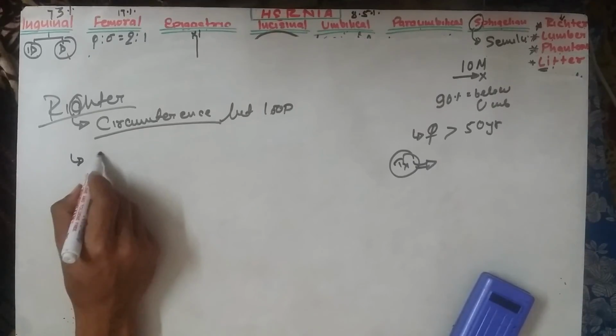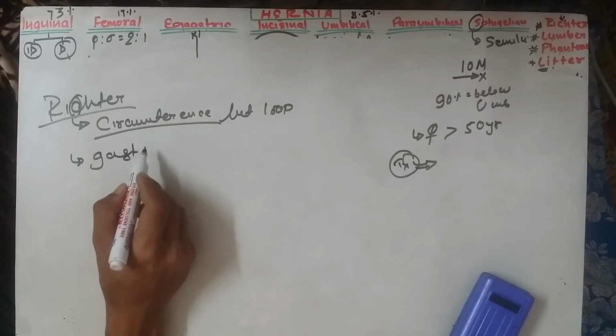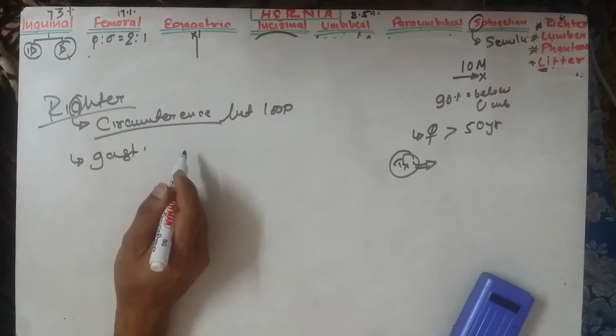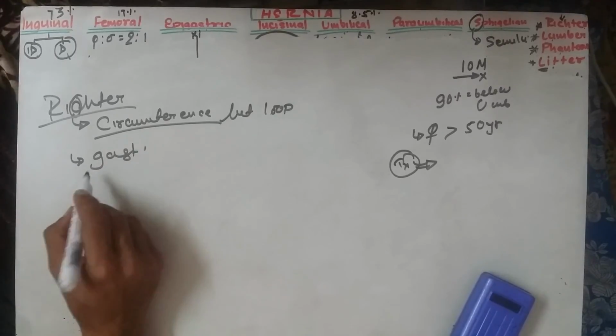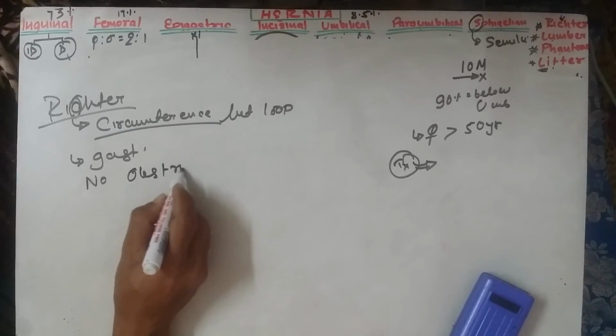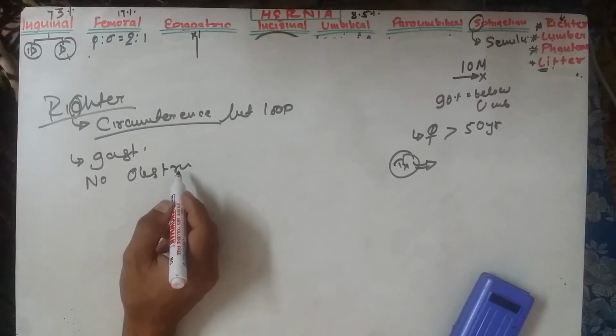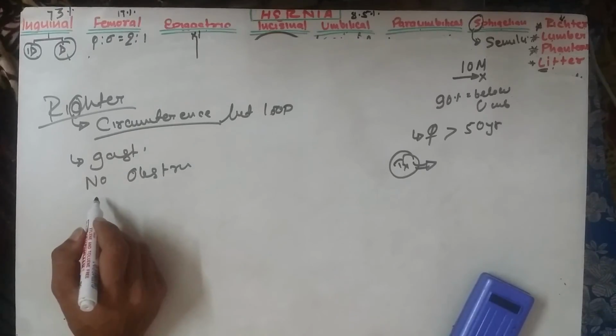Okay, this patient mimics gastroenteritis, with features of abdominal pain, diarrhea, vomiting, and systemic toxicity. There is no feature of abdominal obstruction. And the treatment will be resection and anastomosis.